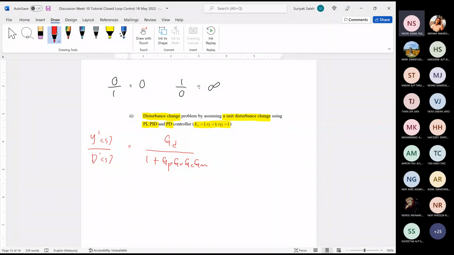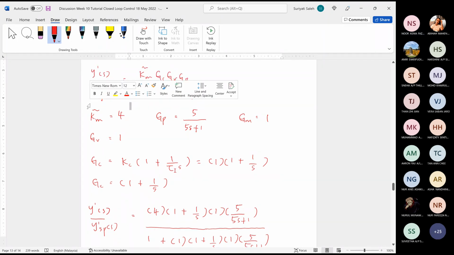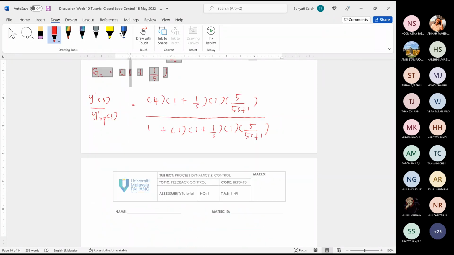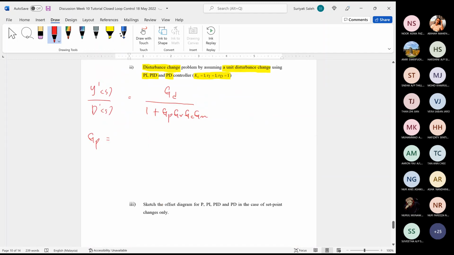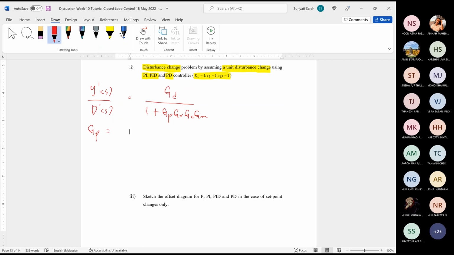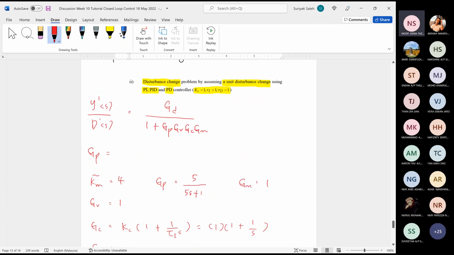The GP, we use the same thing like before, based on the following information. I just copy. So we have the GP.